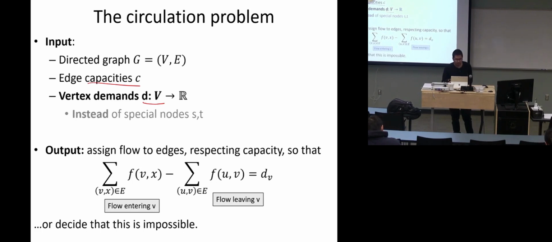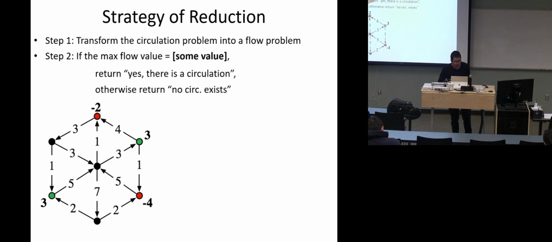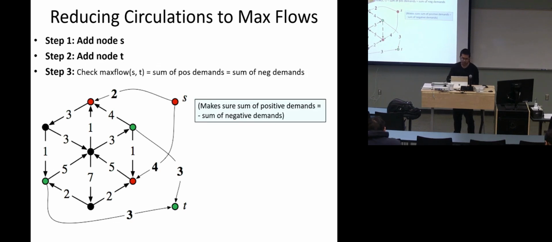Otherwise, it's decided to be impossible. And we saw how to do this: connect the source to every node with negative demand and the sink to every node with positive demand. Then you check whether the max flow value equals the sum of the positive demands, which is the same as the sum of the negative demands.